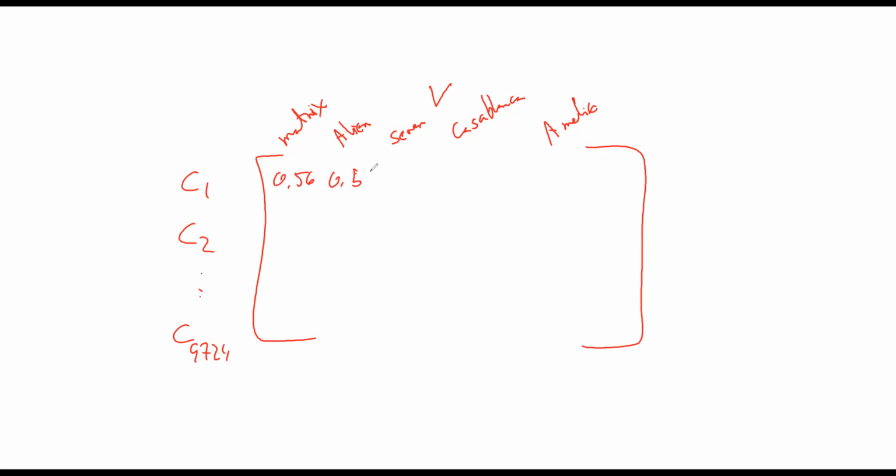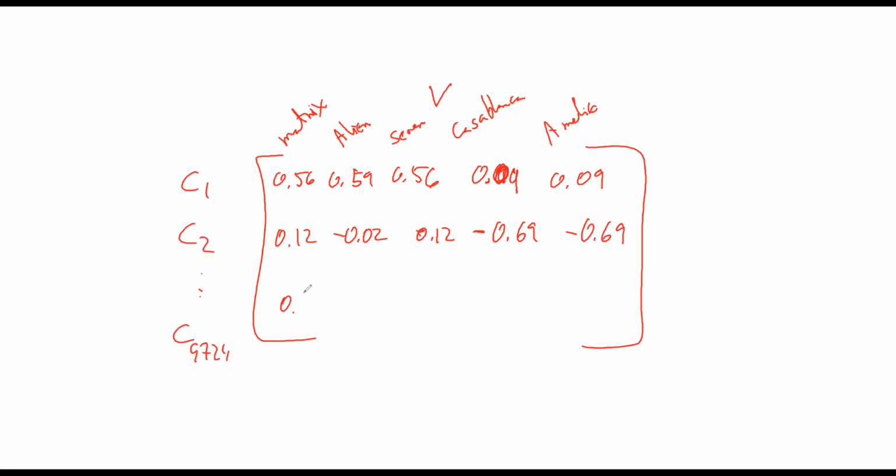0.56, 0.59, 0.56. Now notice Casablanca 0.9, and Amelie is 0.09. Then you have 0.12, minus 0.02, 0.12, and then notice these negative 0.69, 0.69, and then here this one 0.4, minus 0.8, 0.4 again.